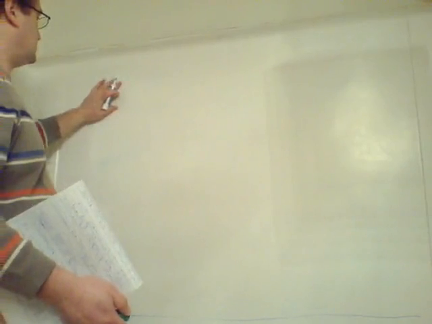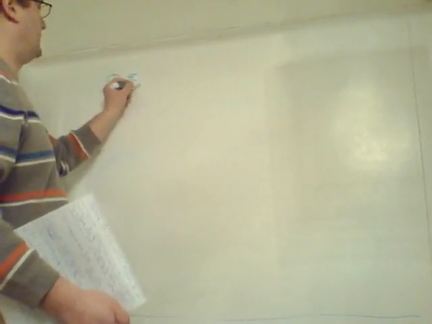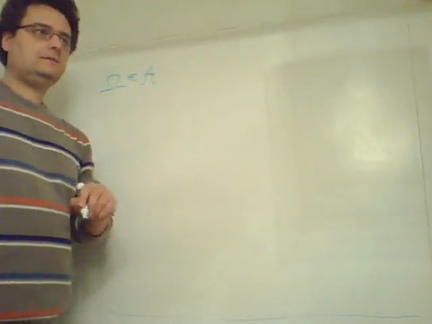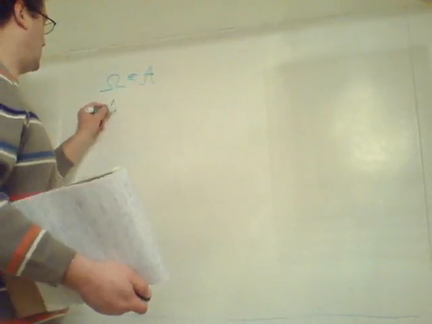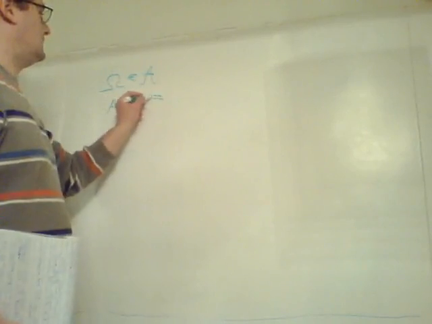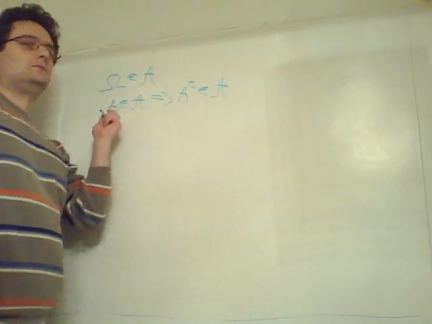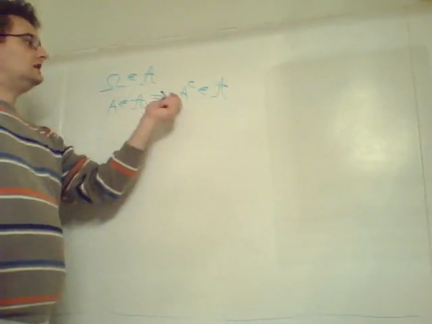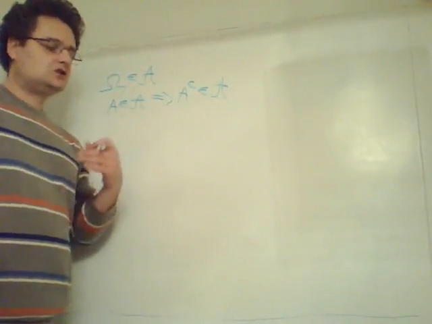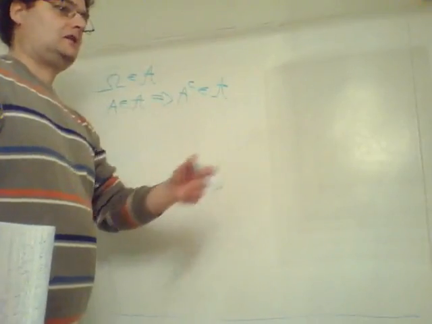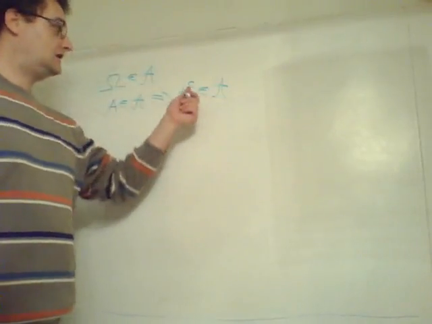All those requirements are equivalent to saying that omega is in the domain of probability, and that if A is in A, then the complement is in A. So if we can compute the probability of A, then we should be able to compute the probability of A complement. But computing doesn't just mean being able to calculate. It means that we can assign some probability, or in other words, that A complement is in the domain.